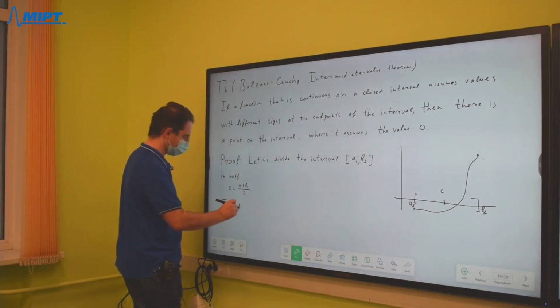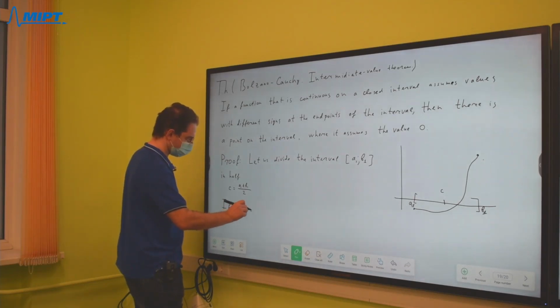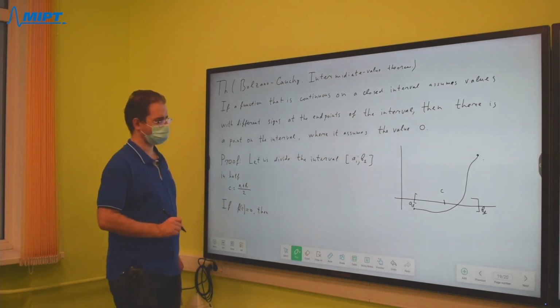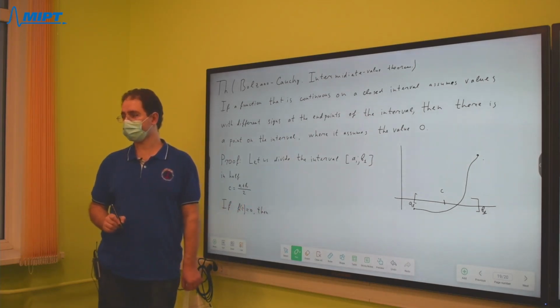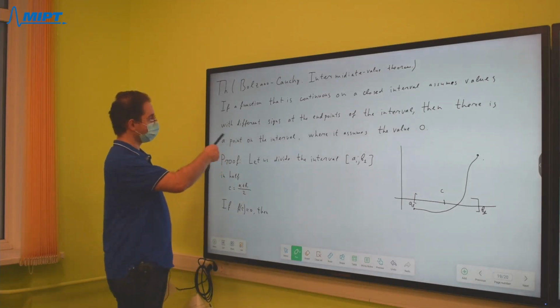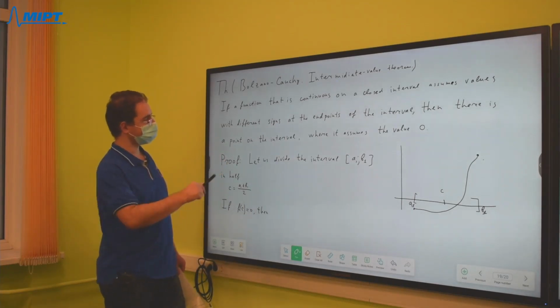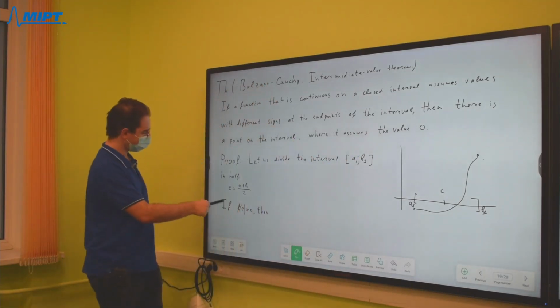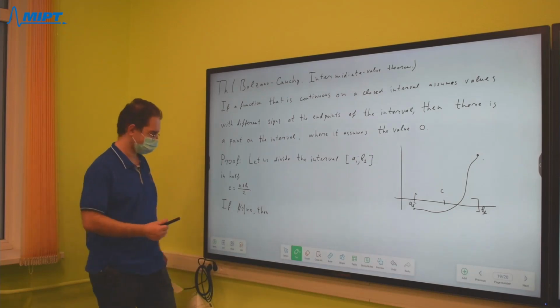If f of c equals 0, then we have found the point in question. The theorem says that there is a point where the function assumes 0, and we have already found it. Then this is good.